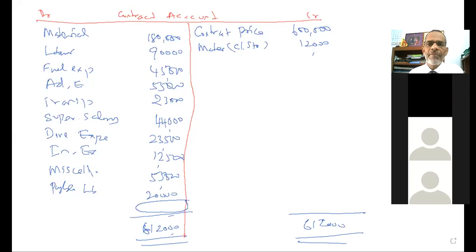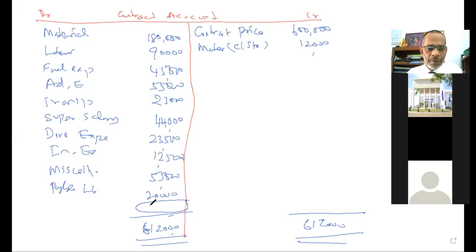Can you find out the profit, please? 54,000. Right. This is what? Apparent profit or actual profit? Actual profit. Yes, actual profit. If the contract is less than 1 year, the word apparent profit cannot be applied.